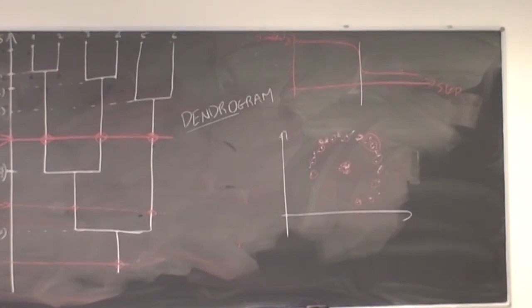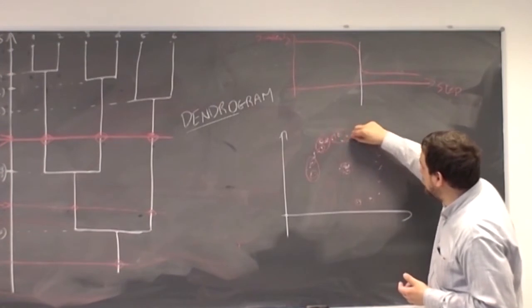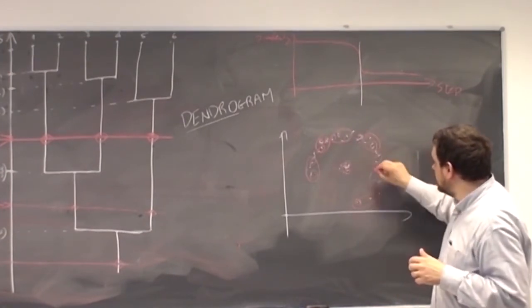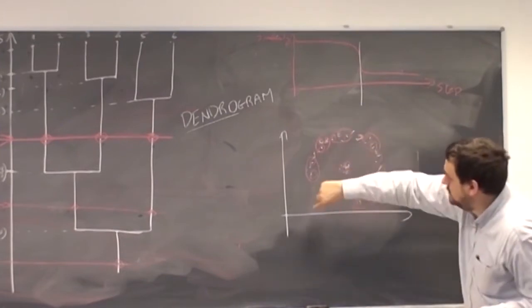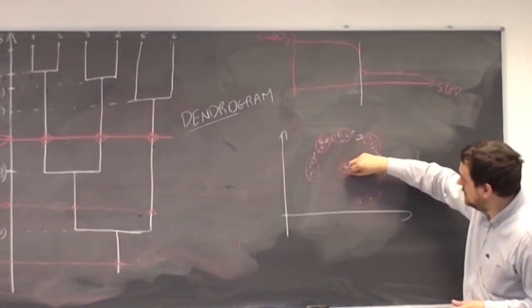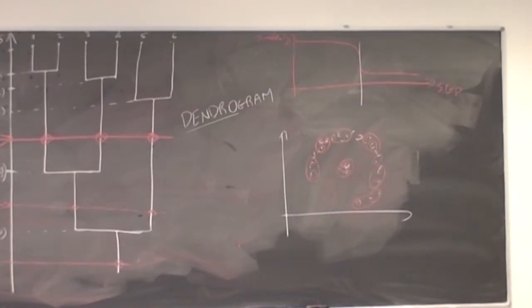But at some point, you will end up with fairly large clusters that are more or less distributed along this corona here, and maybe with one large cluster here. How does this proceed?